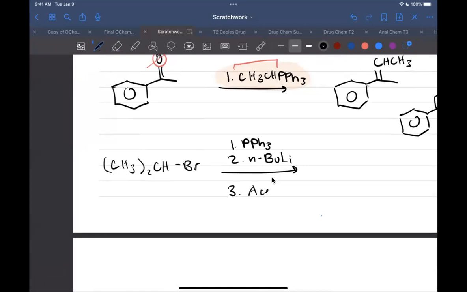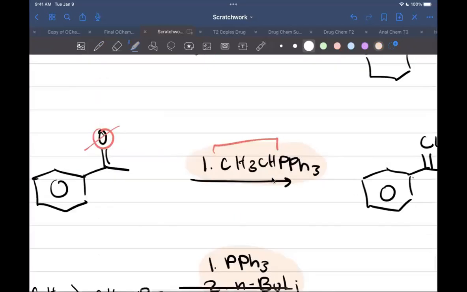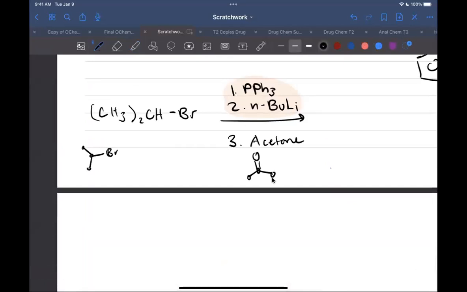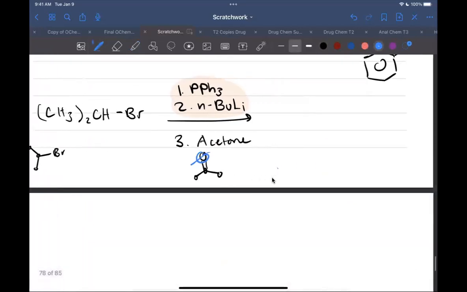Let's say acetone. So if we know, hey, we have this Br, carbon, carbon, carbon, and acetone, like this, carbon, carbon, carbon. Well, if we know that this essentially creates our ylide, creating something that looks like this, a big complex, and we have our acetone, well, we just replace that oxygen.